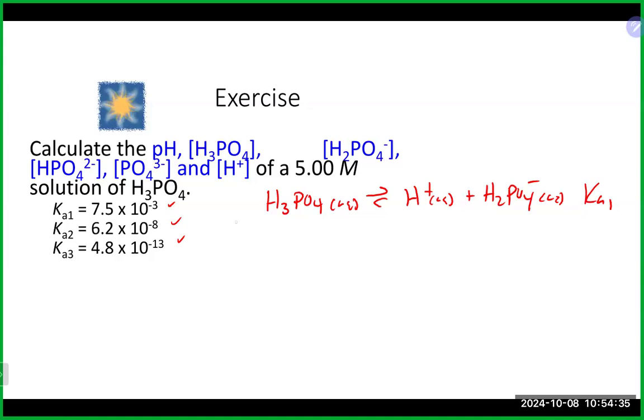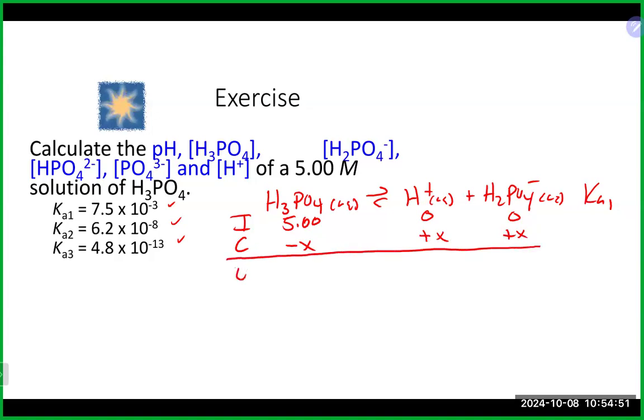Now we're going to do an ice table. We take our initial concentration of phosphoric acid, which is 5. These are going to be zeros. The change is minus x, plus x, plus x, which means at equilibrium we have 5 minus x, x, and x. Any questions on that table?